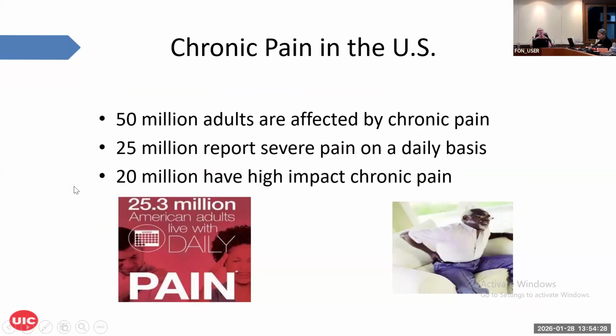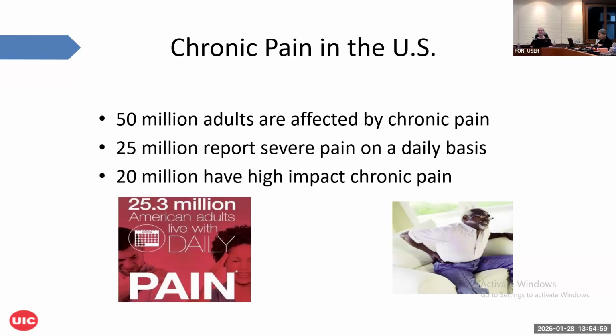Now I'm going to just talk about the US, and this is just to give you an idea of how serious the problem is in the United States. So in the United States, we have 50 million adults who are affected by chronic pain. So it is one of our major chronic illnesses or chronic conditions that we're dealing with in the United States.